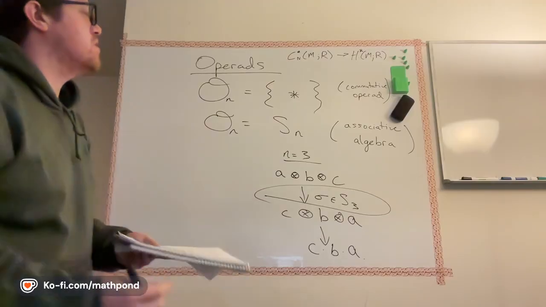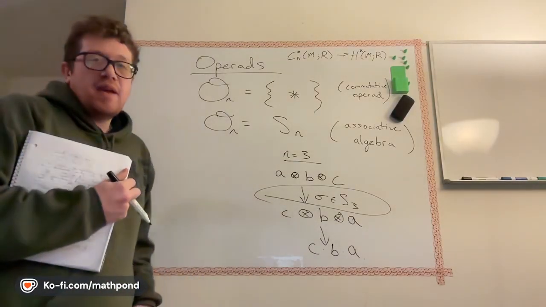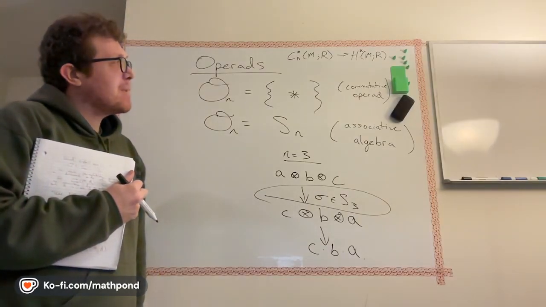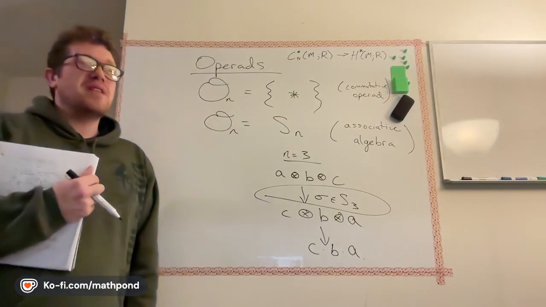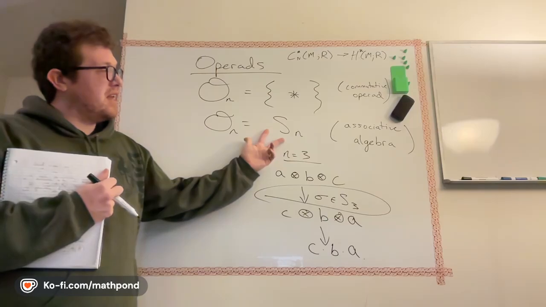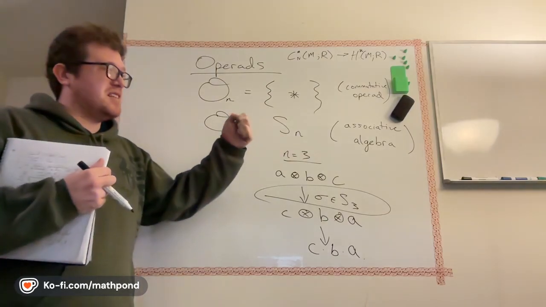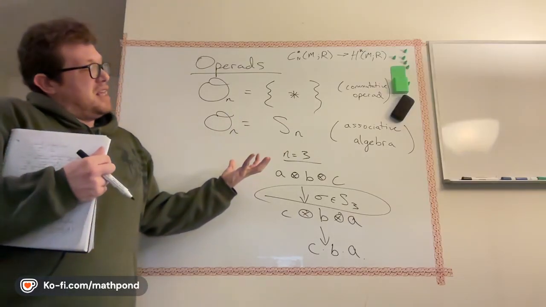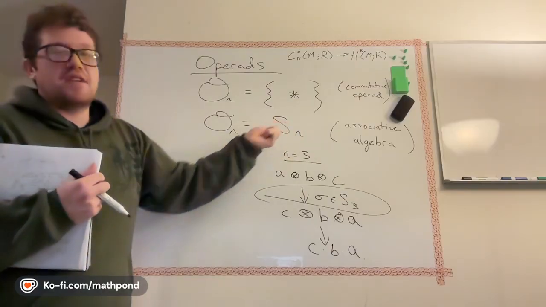So yeah, we have these spaces. What could be a space of operations? In math, we like to think, okay, we have all of these permutations of different ways to multiply. Could I create a space that is, in some sense, keeping track of the relationships? Can I create a space filled with triangles that relate all of these different permutations?